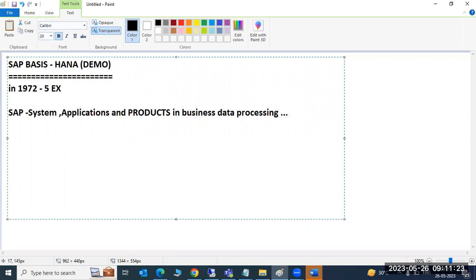In your business, if you want to process your data, you need one system, one application, SAP application, and a product. That is the ERP product you need in your day-to-day business. Business means either sales business, customer business, food business, or day-to-day HR business.